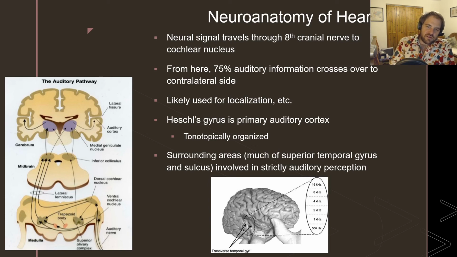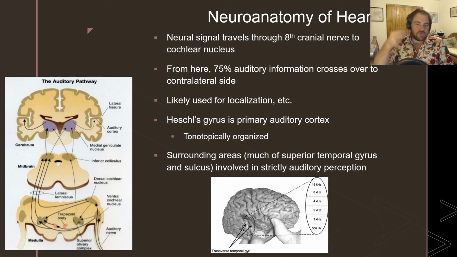But one thing that is good to know is that about 75% of that information crosses over to the contralateral side. Contralateral means opposite. So if it came from your right ear, it goes over to the left side of your brain. The contrary to that is ipsilateral, which means it stays on the same side.